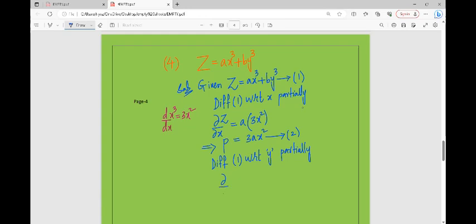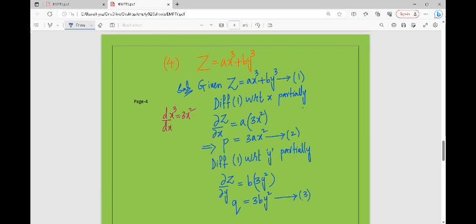Dou by dou y of z is equal to, first हमने तो y नहीं है, 0 हो जाएगा, b is a constant, so y cube का डिफरेंशिएशन 3y square है ना, so this value is q, which is equal to 3b y square. This is taken as equation number 3.